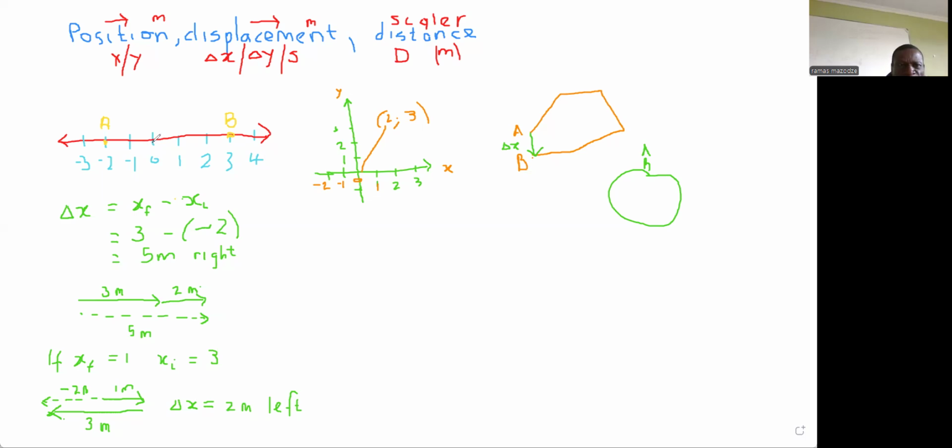But the reference point for the displacement was A, the starting point. But usually, as I will explain here, I think I need to emphasize this one, usually position and displacement are exactly equal. Okay, let me just go to it a bit. Look at this one.